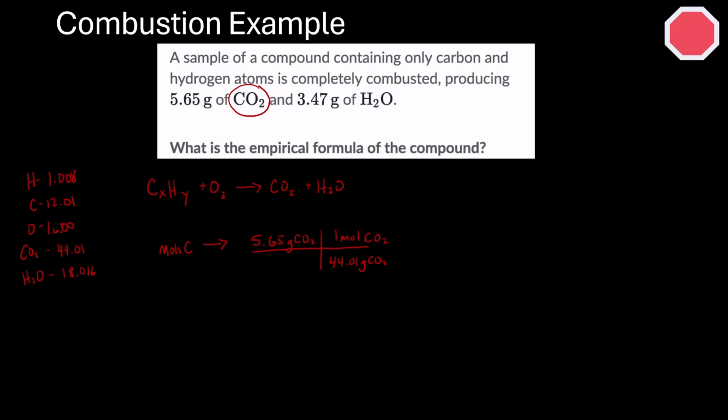When we divide that out, we should get 0.128 moles of CO2. Now, that's not really what I want, because the question is asking for the empirical formula of the compound, and in the compound we're only worried about carbon and hydrogen, not carbon dioxide. But the carbon in the carbon dioxide could only come from one place, and so that's what we're going to use.